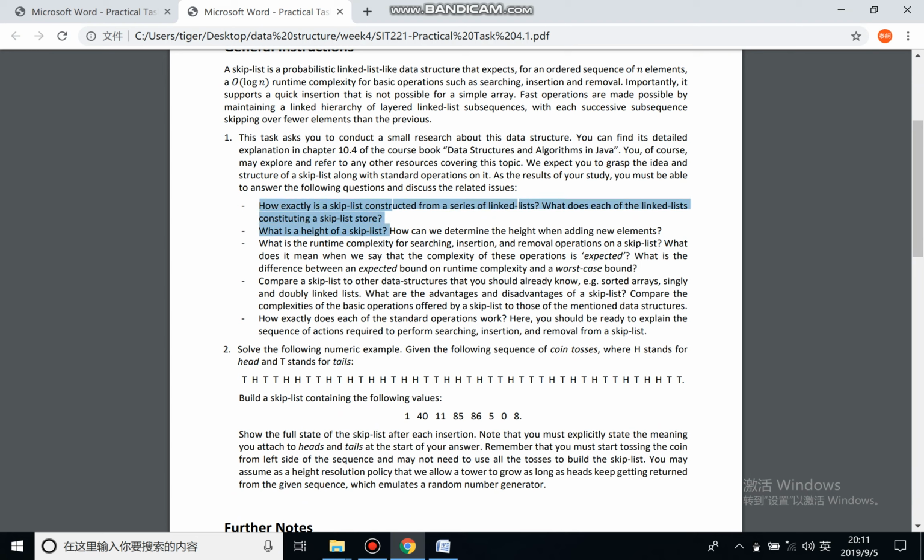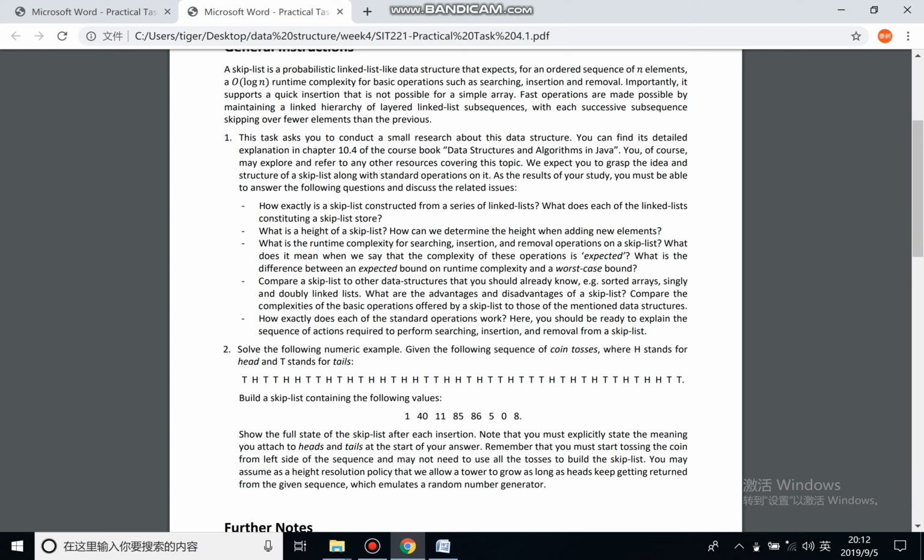The first problem is to introduce how to construct a skip list from a series of linked lists. A series of linked lists are part of the skip list, each one forming a layer of the skip list.